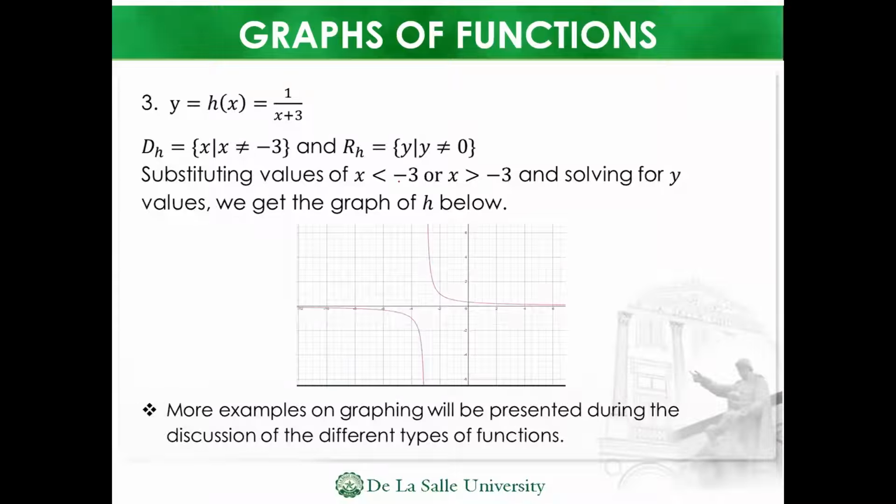Next, rational function. In here, it just so happened that looking at the graph, the denominator cannot be -3 because -3, it's this one. x = -3 is a vertical asymptote. It just so happened, guys, that your graph also has another asymptote.